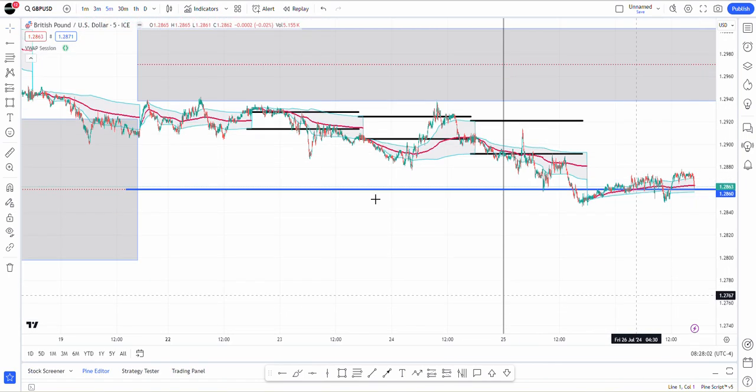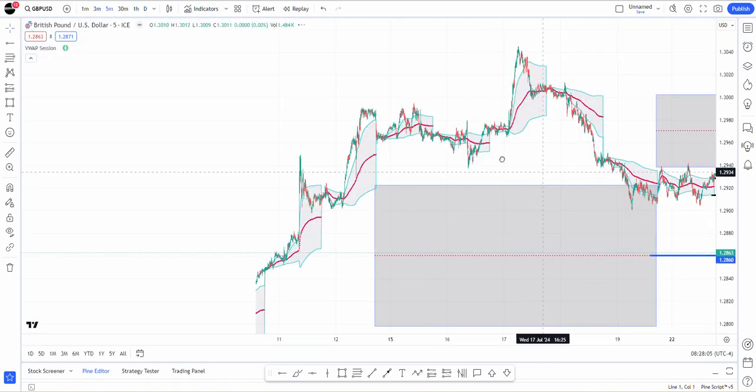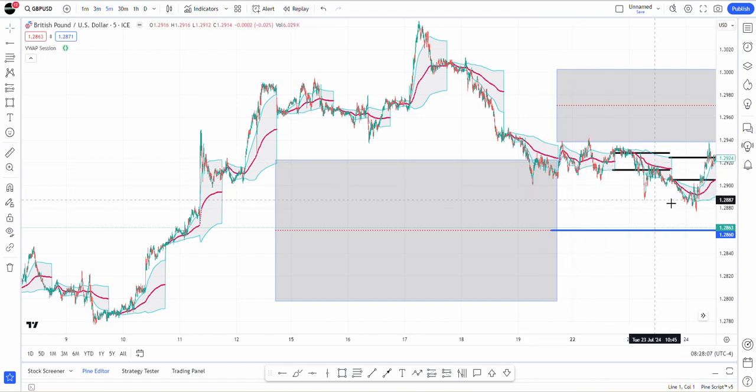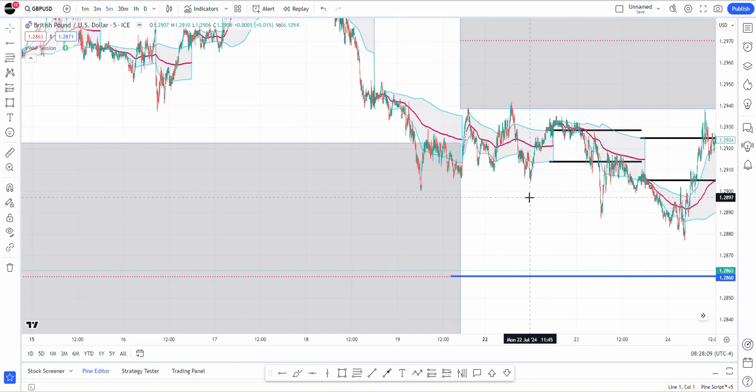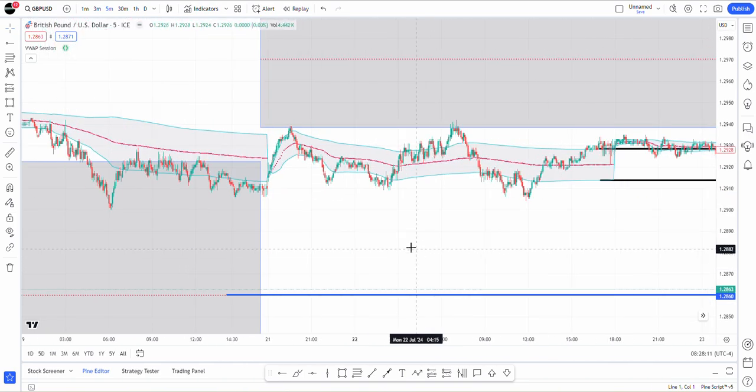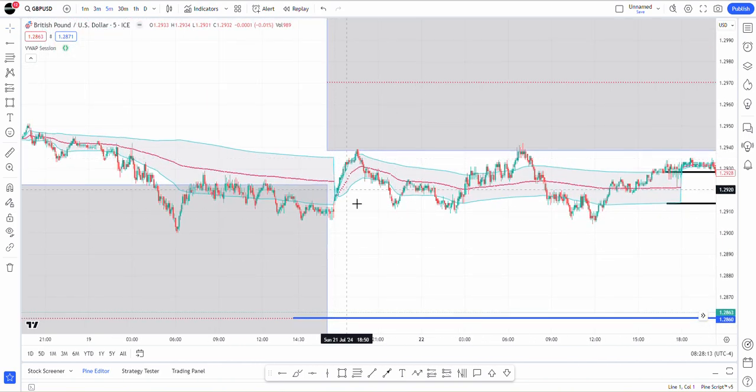And then Friday. And I didn't really look at Monday because Monday is usually the same as the weekly. But if you look at it, you could just scalp this and go crazy.